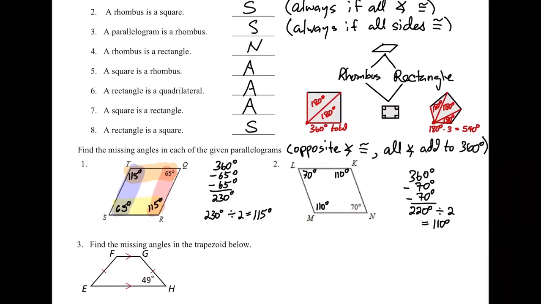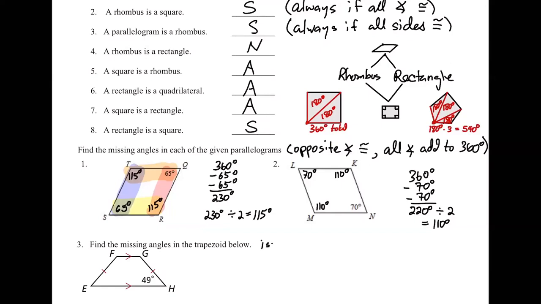Now, when you have a trapezoid, different story. It can be easier or just as easy, but in order to find the kind of information that we just found for the parallelograms, we'd have to know what kind of trapezoid it is. Right? In this case, it's an isosceles trapezoid because two sides are congruent in length.